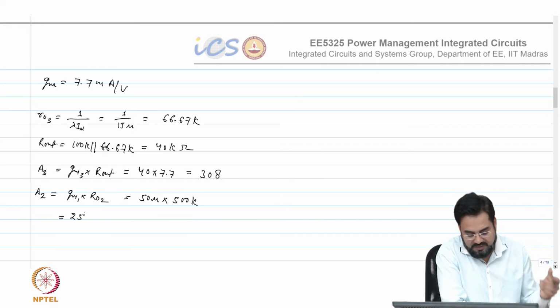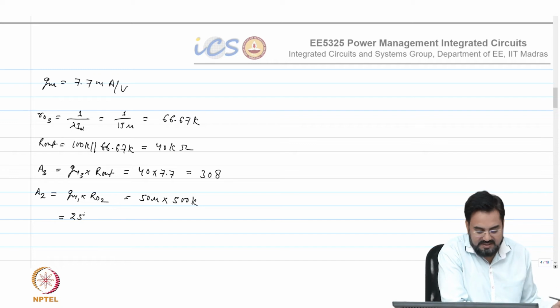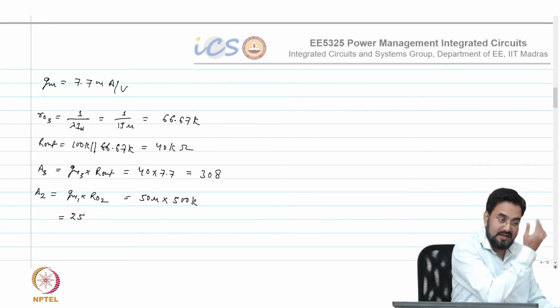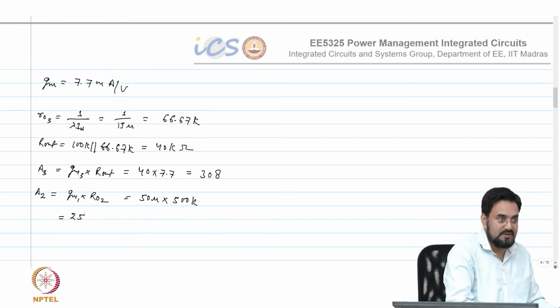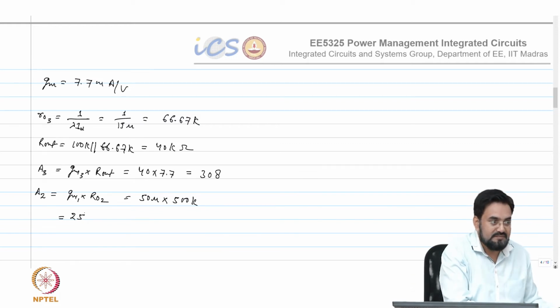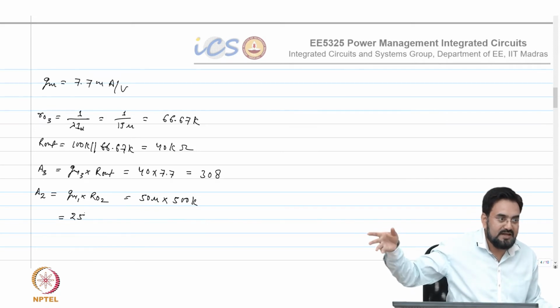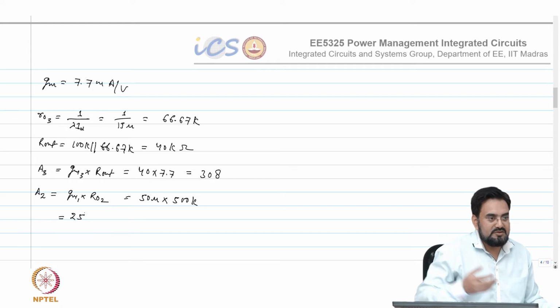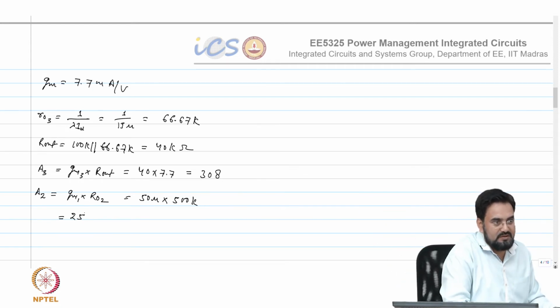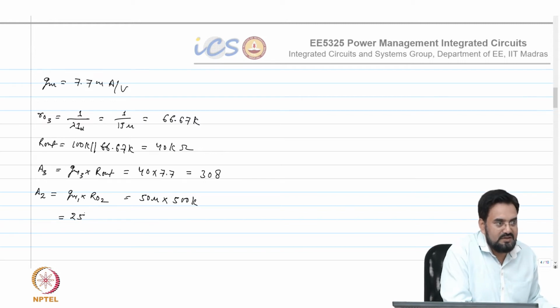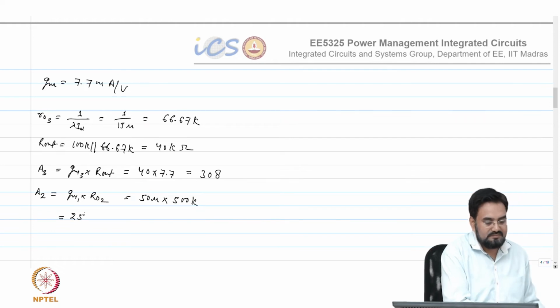If you calculate the same output stage gain at 10 milliamp, you will see that it will drop, because even though gm will increase a lot at 10 milliamp, proportional to the square root of your current, R out is inversely proportional to ID. So gm goes as the square root and R out inversely, so your gain goes inversely proportional to the square root. So if you increase the load current 100 times, your gain might drop by 10 times or so.